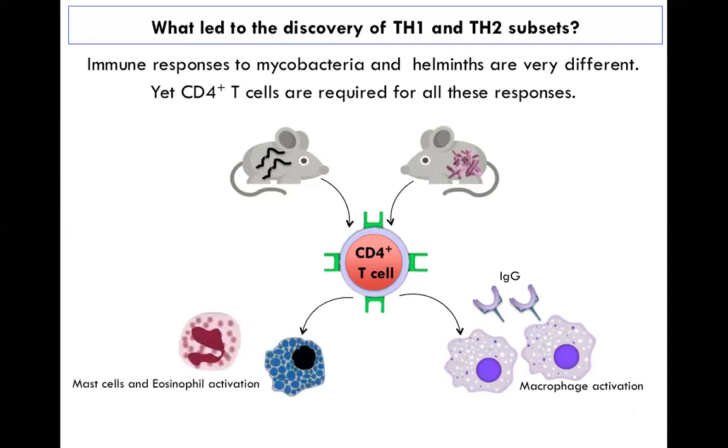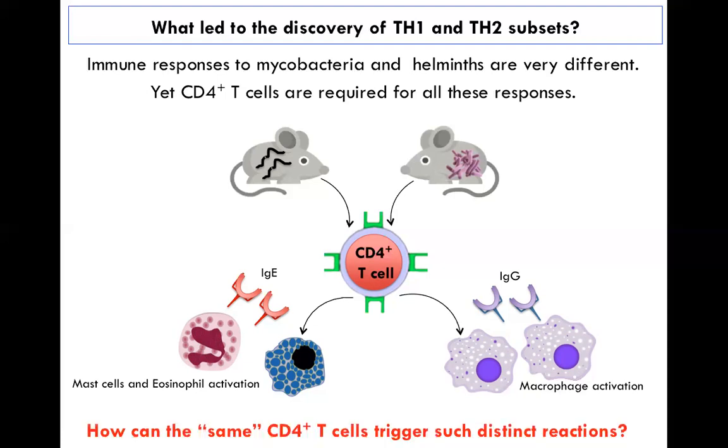But in terms of helminths, the parasites, helminth infections recruit eosinophils along with the production of, as you can see here, IgE. So they are giving different responses.